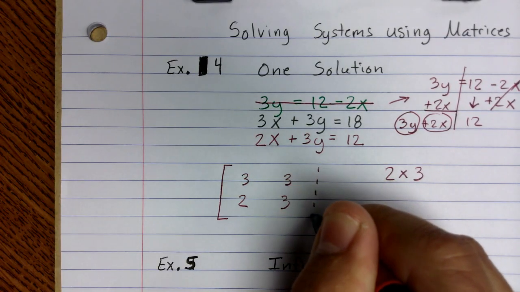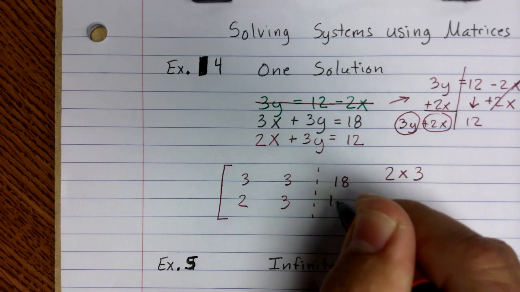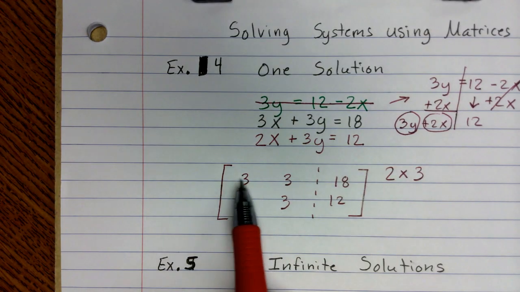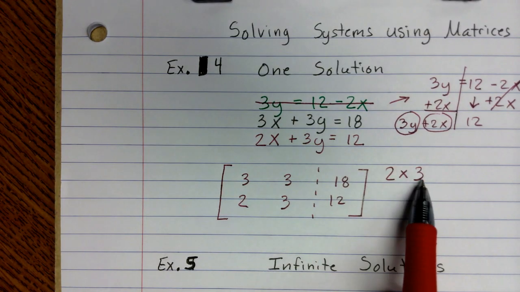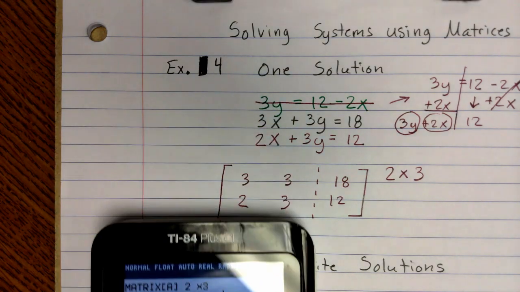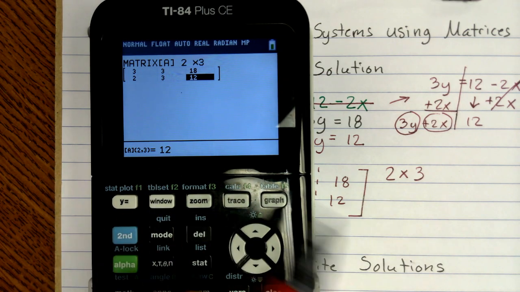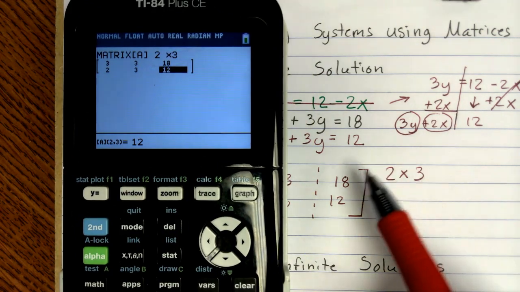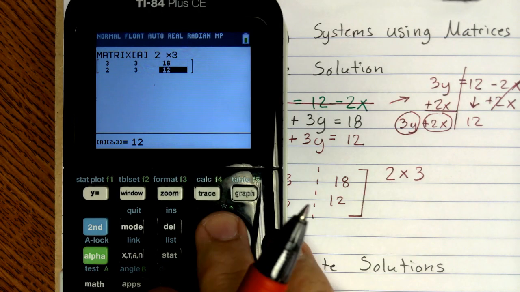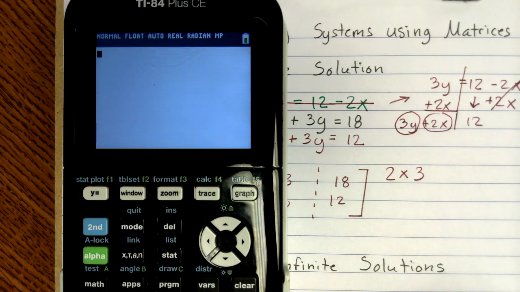And the dashed line just means it's going to be my equal sign, and then we have 18 and 12. So notice we have 2 rows, 1, 2, and 3 columns, 1, 2, and 3. And that's exactly how I put it in my calculator. So now that we have this in our calculator, and you see how you would write it out to show your teacher your work, I'm going to hit second and mode to get out of there.